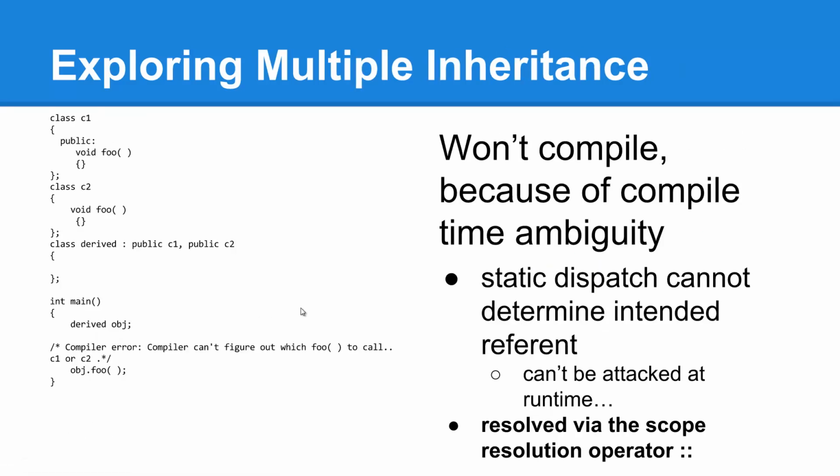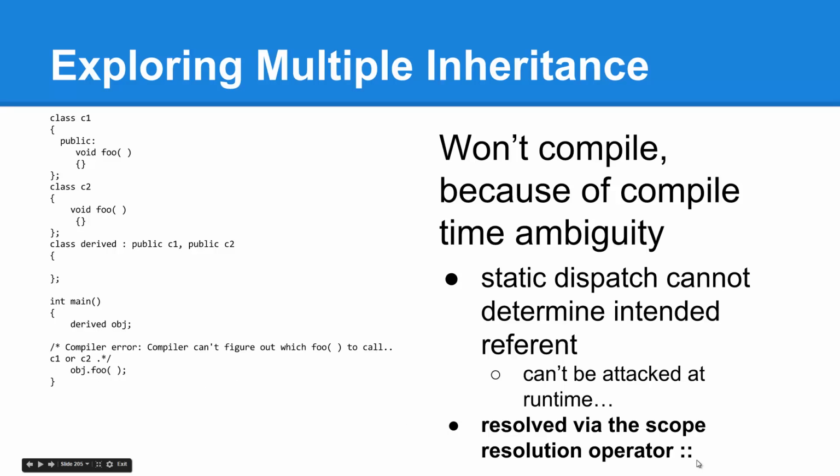Now, there are cases where you can inherit from multiple base classes, multiple parent classes, and this can also cause ambiguity. However, this is a compile time issue that will prevent the code from being compiled. There's a scope operator to resolve these cases of ambiguity.